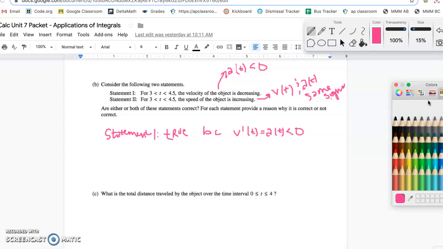Now, our second statement, statement 2. It's asking us about speed. We already know that acceleration is negative. So the next thing we have to do is graph our velocity and see if that is also negative.